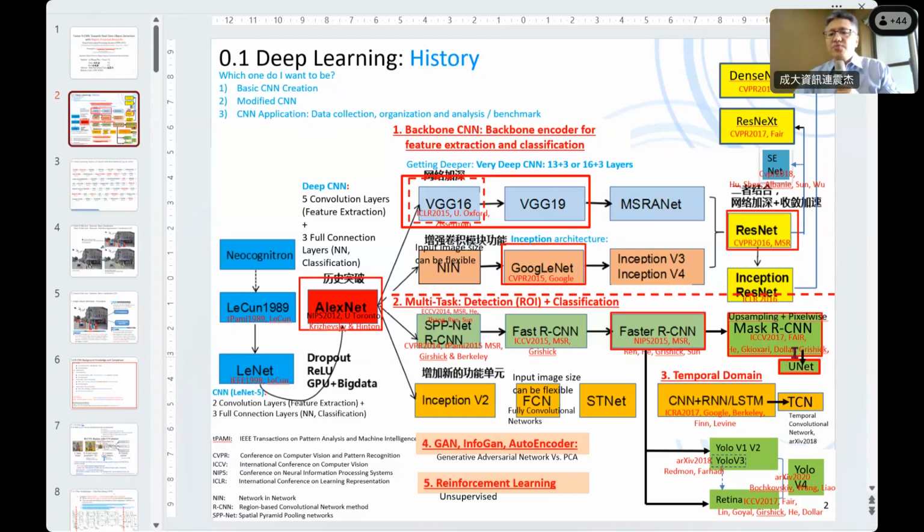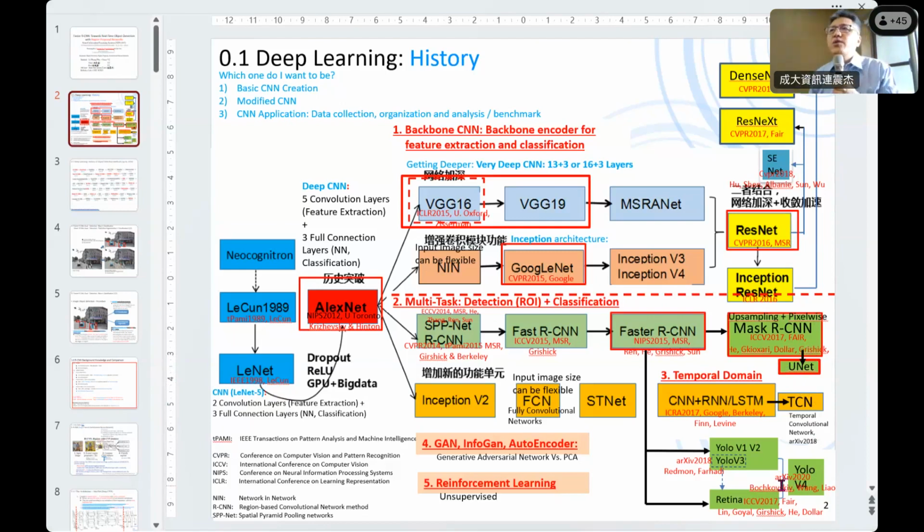But the original UNet is only for segmentation. Actually, for the network of UNet or the network of YOLO, you can just change the head. We have a backbone, we have a neck, we have a head.